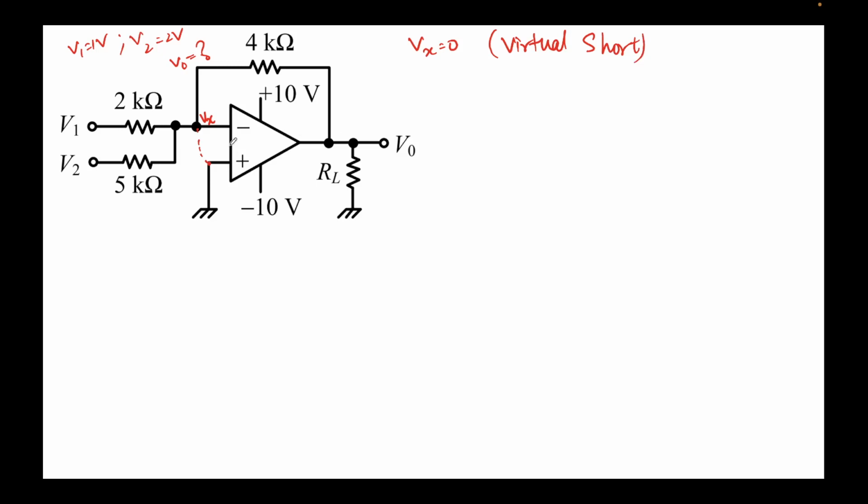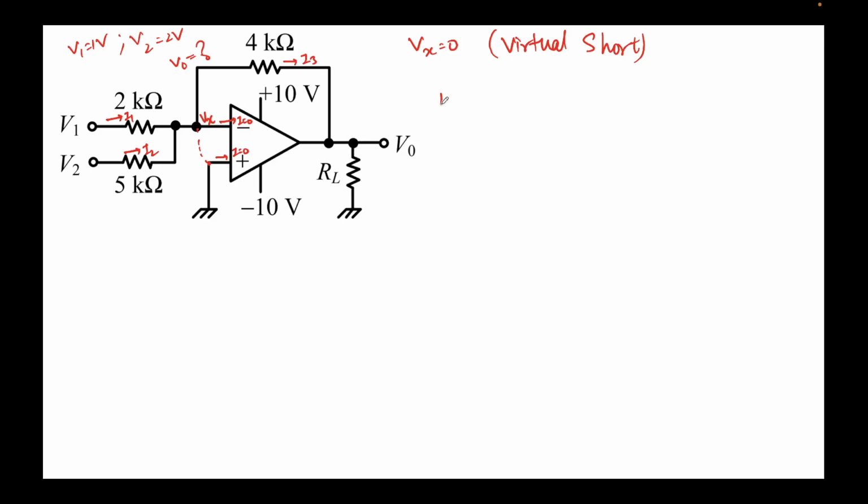Okay, now let's try to apply KCL at the inverting node. First let's label some currents. Let's say this current is I1, this current is I2, this current is I, which will be equal to 0. Again, this current is I, which will be equal to 0, and let's say the current here is I3.